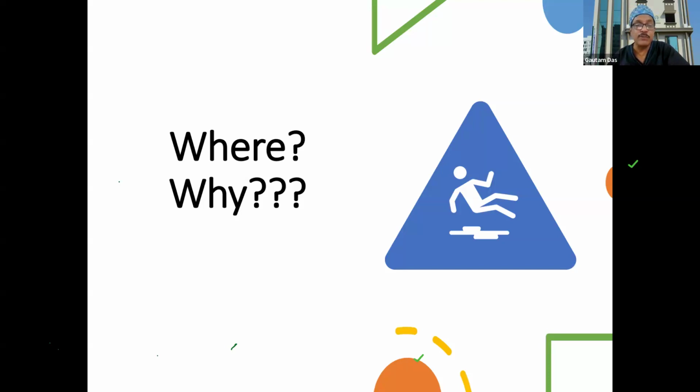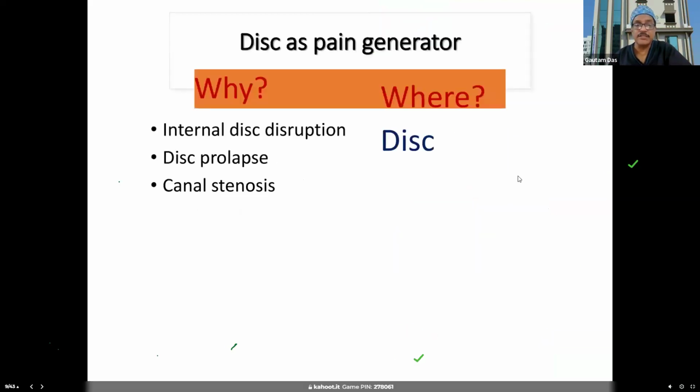We could control the inflammation and the pain as well. So understand, the first part is where, the second part is why, and if we understand these two problems, then your evaluation is complete.